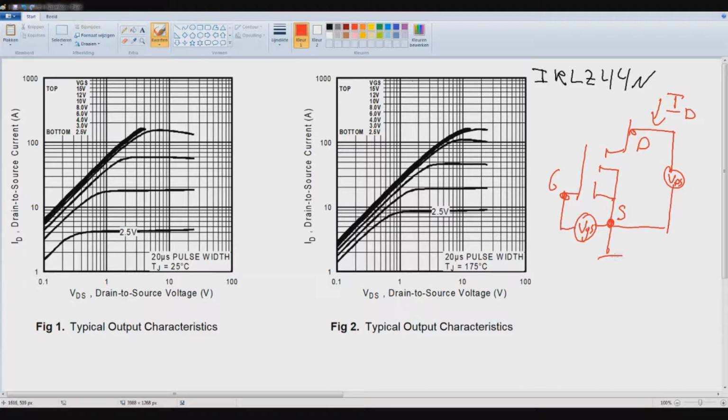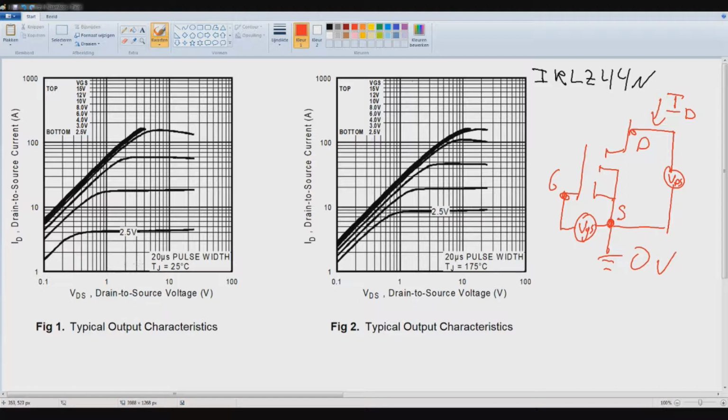If this is tied to ground, then we have 0 volts over here, and then VDS is the input voltage. So let's assume that. Starting from 0.1, then this is 0.2, 0.3, 0.4, 0.5, 0.6, 0.7, 0.8, 0.9, and then we get 1.